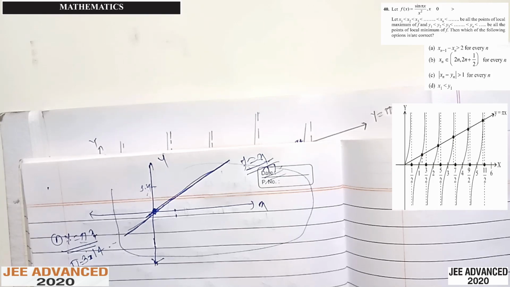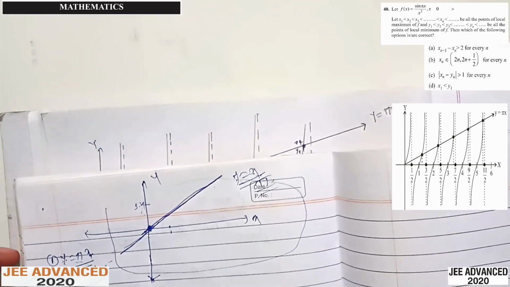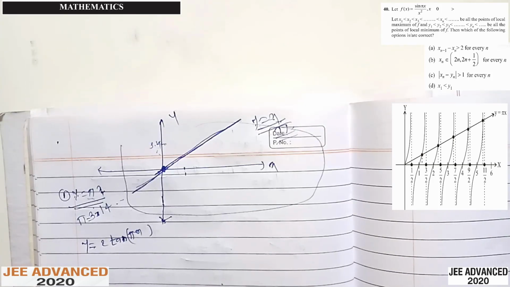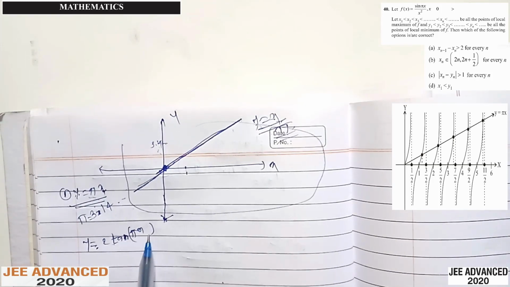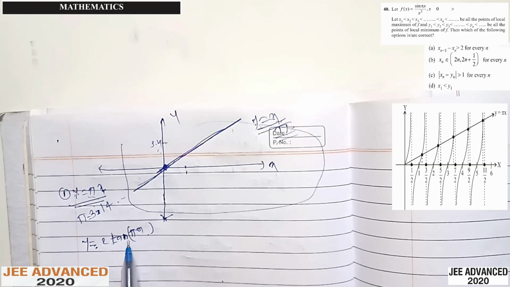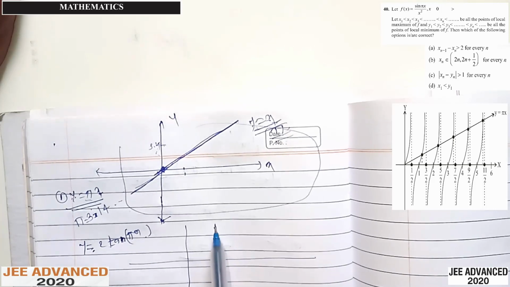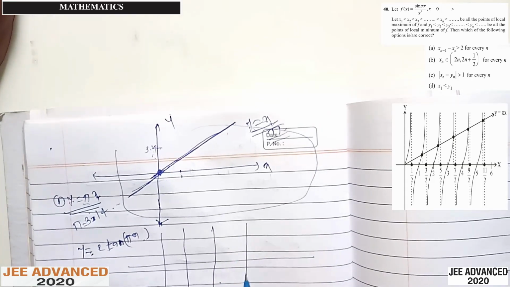Now for the second graph, we have y equal to 2 times tan pi x. So we have to draw the graph of tan pi x and multiply it by 2. We know that tan pi x has a graph like this in this interval.